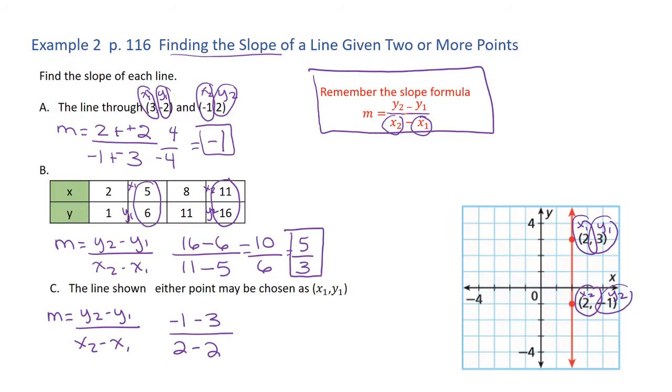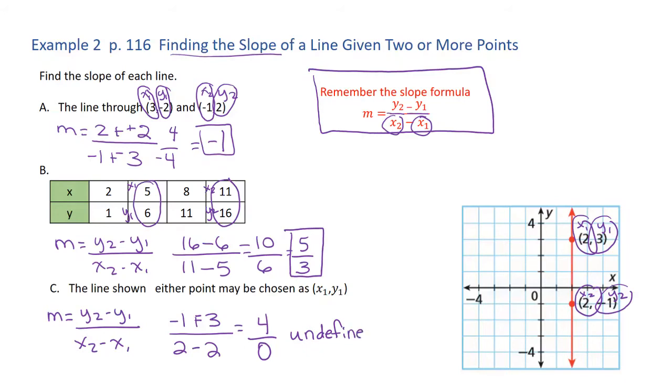All right, so we have something here. -1 plus -3 equals -4. But look at this. 2 take away 2 is 0. When we come up with a 0 at the bottom, that tells us that this is undefined.